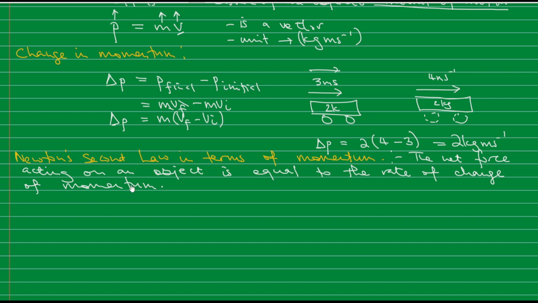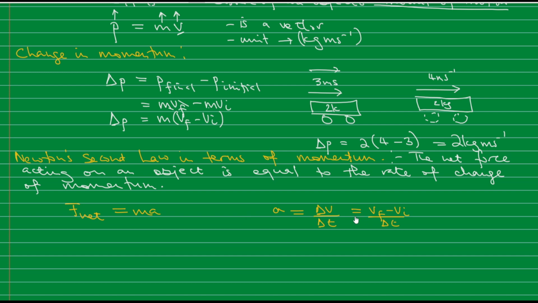Now, this statement is derived from the fact that Newton's second law of motion is given as F net is equal to ma. The net force acting on an object is equal to the mass of the object times the acceleration. What we know is acceleration is given as the change in velocity over the change in time, which we can write as v final minus v initial over delta t.